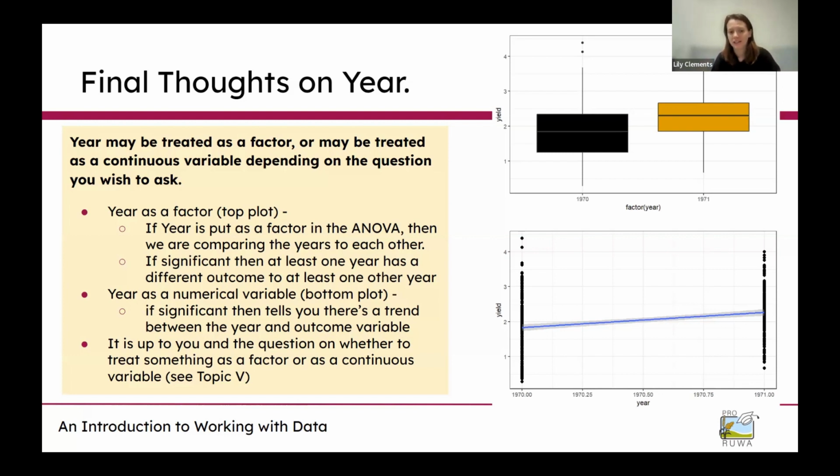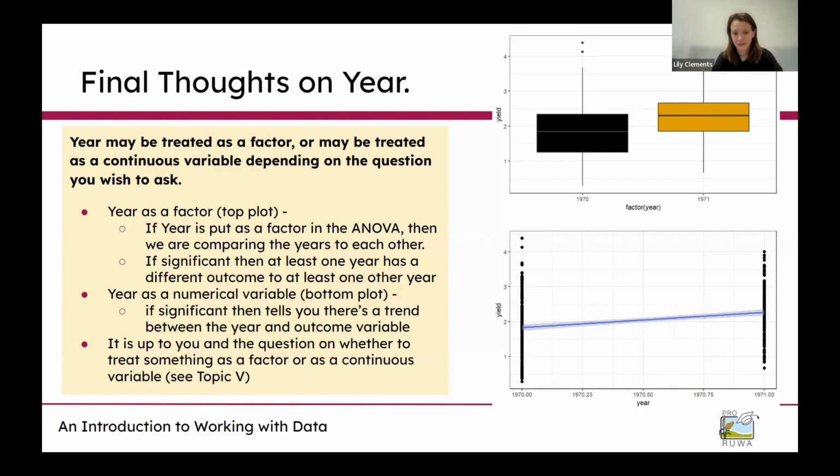We can also have year as a numerical variable in our bottom plot, where it's less clear here because we only have 2 years that we're looking at, but we've got our 1970 and our 1971, and we're looking in the ANOVA to see if this is a flat horizontal line.